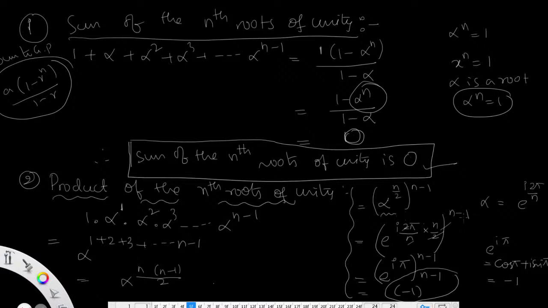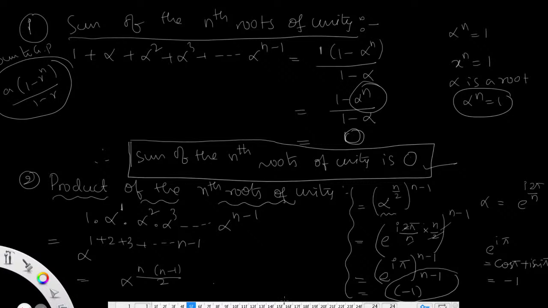Replacing alpha with e to the power of i 2 pi by n and simplifying, we get e to the power of i pi whole to the power of n minus 1. E to the power of i pi, in Euler form to general cis form, is cos pi plus i sin pi, whose value is minus 1. So it becomes minus 1 whole to the power of n minus 1. Therefore, the product of the nth roots of unity is minus 1 whole to the power of n minus 1.